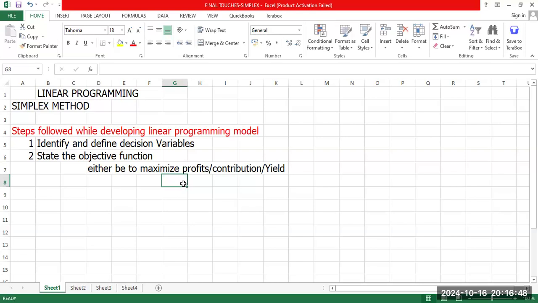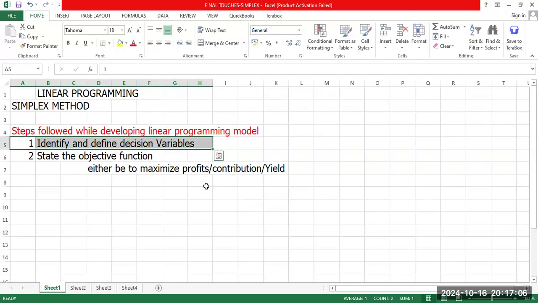So you'll find that either you as the company want to maximize profits. That could be your objective at the end of it all. You're asking yourself, how many products can I produce to maximize my profit?